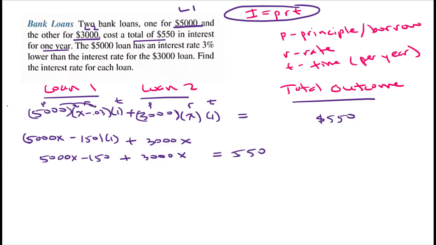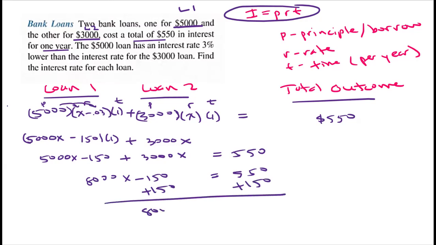All right, so 5,000x plus 3,000x gives us 8,000x minus 150 equals 550. Then add the 150 on both sides, so we get 8,000x equals 700. Then divide both sides by 8,000.